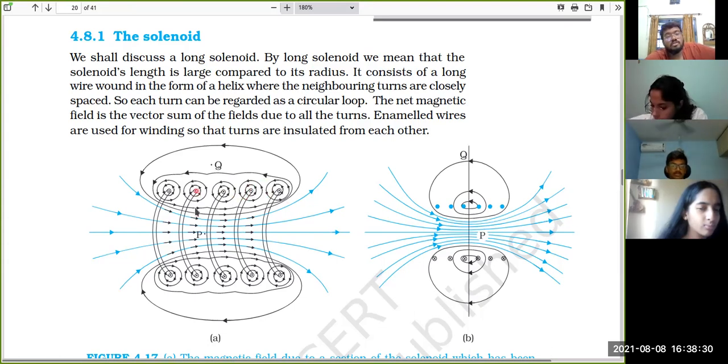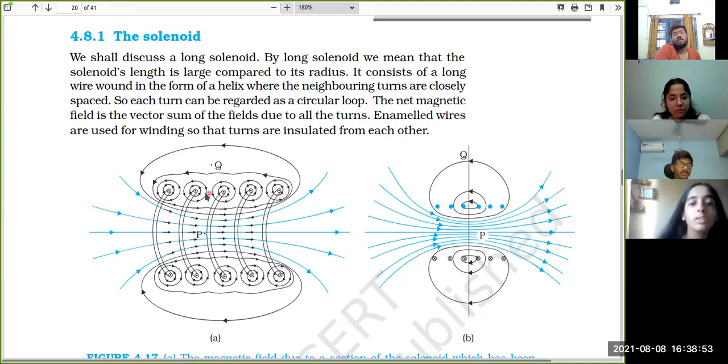Now see, what will happen if all these circles get added up at a point, suppose this point? The magnetic field is also due to this part of the wire, also due to this part of the wire, some weak due to this part of the wire also, right? Yes or no? Yes, sir.